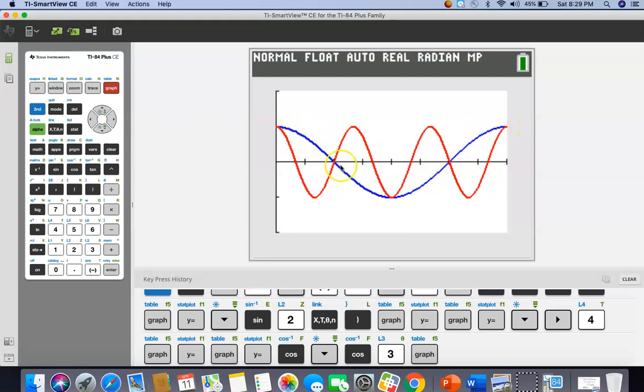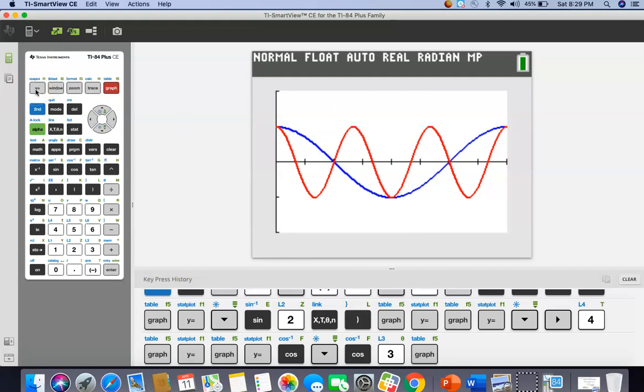That's one cycle of the function. So how did that frequency of 3 affect it? Well, now it graphed 1, 2, 3 cycles of the function. It graphed it 3 times as frequent. What does it do to the period? Since b is 3, it cuts it into thirds.